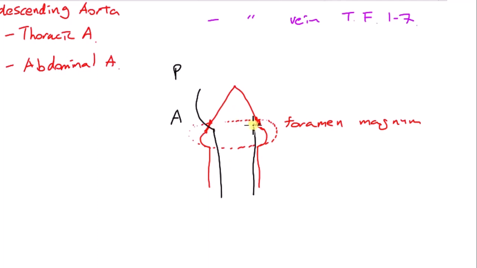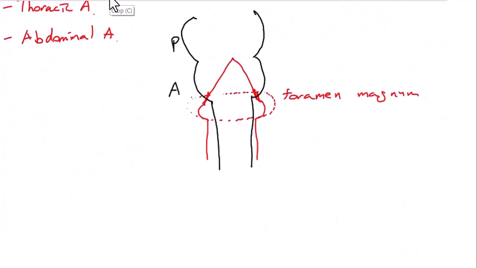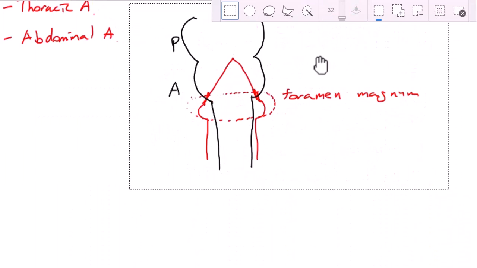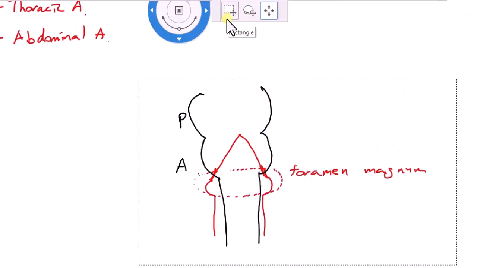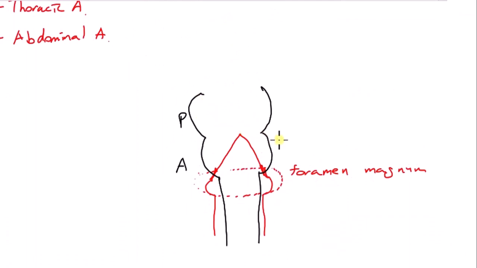I'm just going to draw the medulla here, and then there's the pons. Oh, I need more real estate. So medulla, pons, and midbrain.